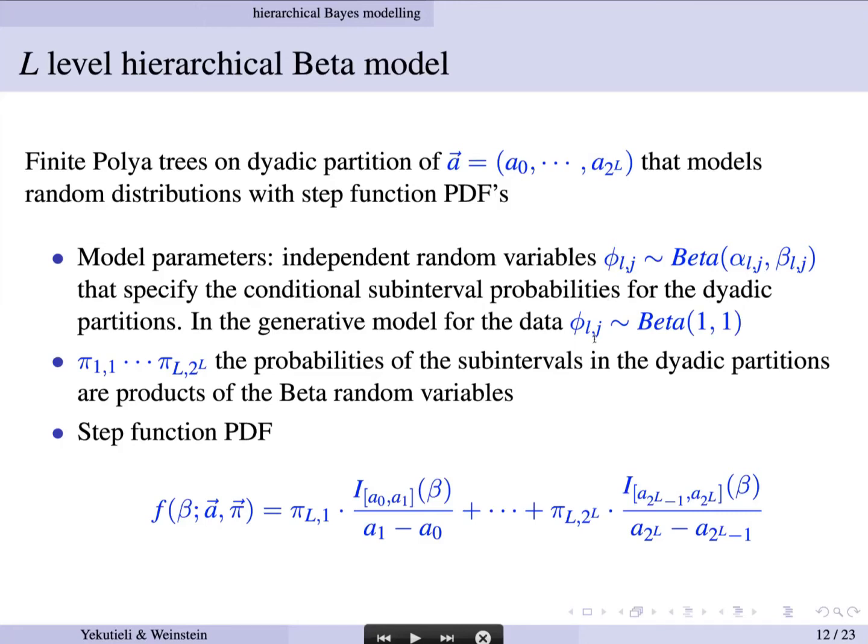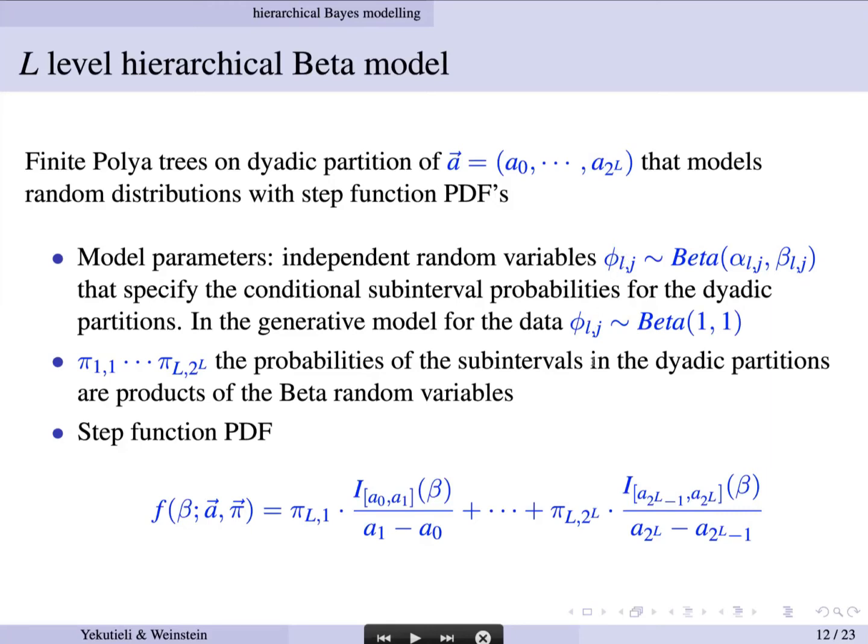I take products of these. At the end of the day, what I'm looking at is this step function that lives on these dyadic intervals, and the density of this step function for each interval, this pi, is just given by the products of these beta variables.